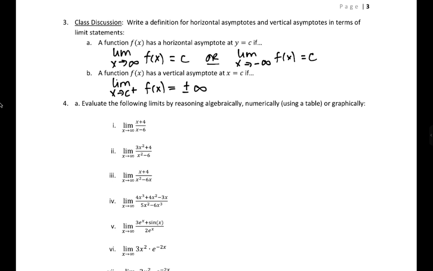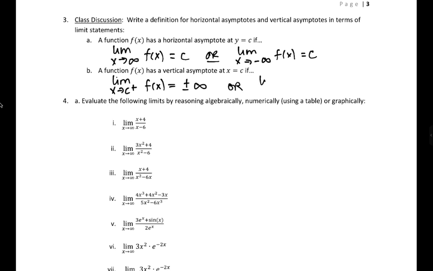Okay, so this is already two statements, and then there would be two more because x could approach c from the left or from the right or both. So if at least one of these statements is true, then we say that the function has a vertical asymptote at x equals c. And x equals c is the equation of a vertical line, so it makes sense.